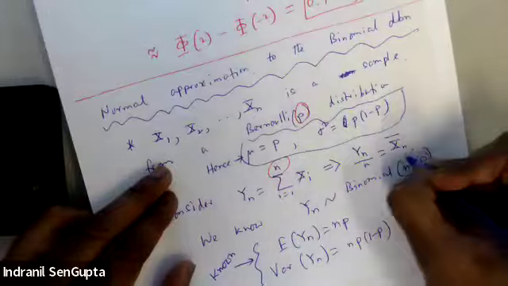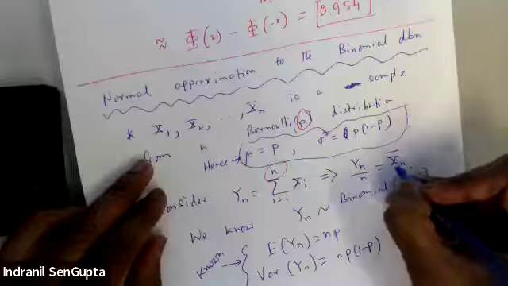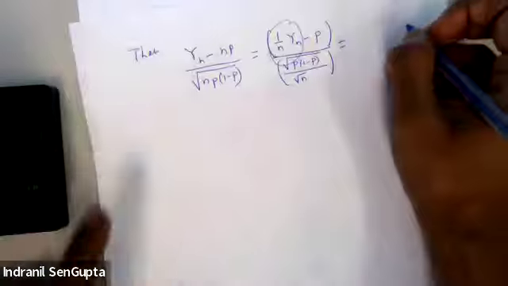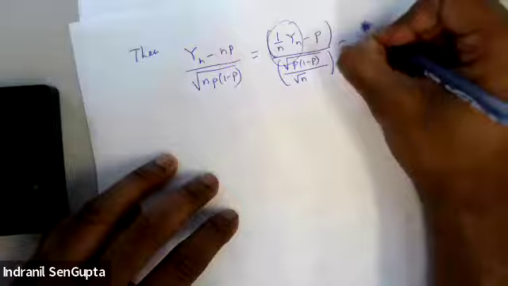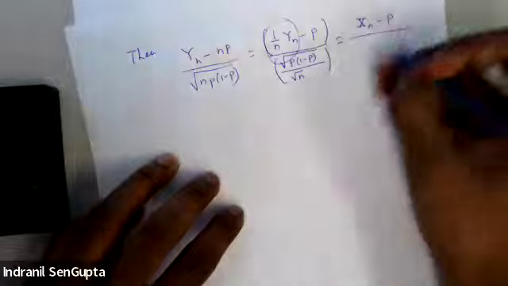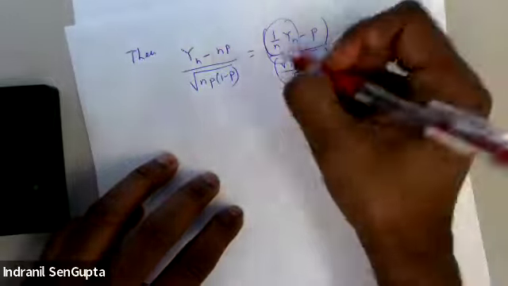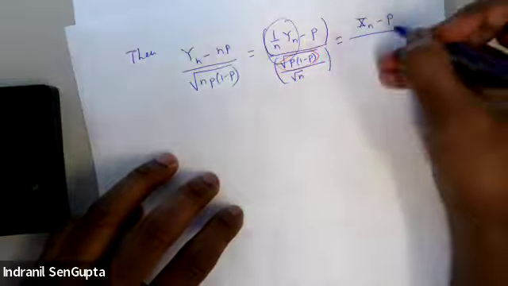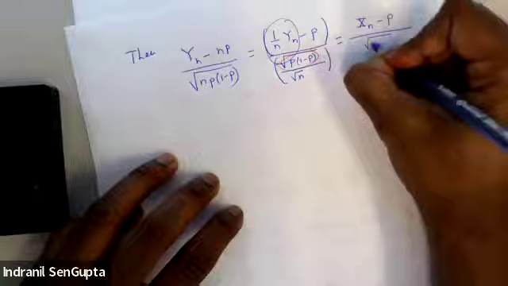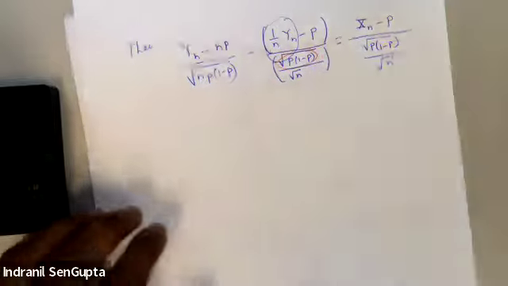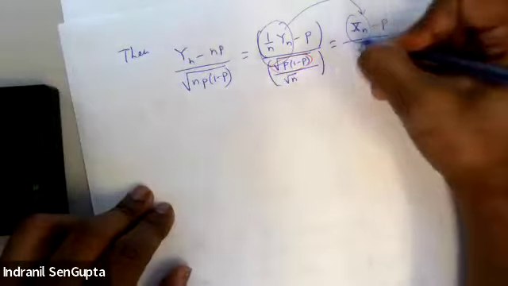Once again, if the sample size n is fixed, I can just write x bar. So I can write this as xn bar minus p over sigma, where sigma is the square root of p times 1 minus p, and then the square root of n. All I did is replace this with xn bar.